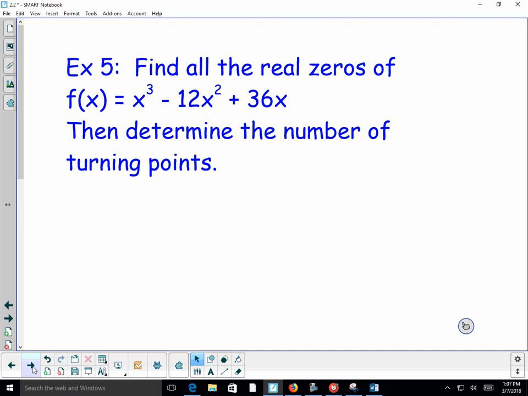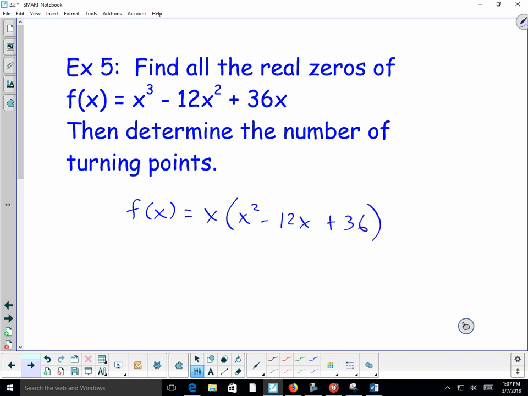X goes in all these, so we can write this as f of x equaling x times x squared minus 12x plus 36. Can this be factored? Using product sum, does that factor?